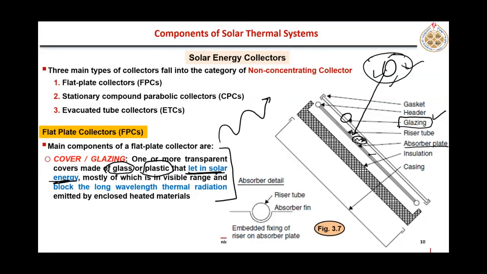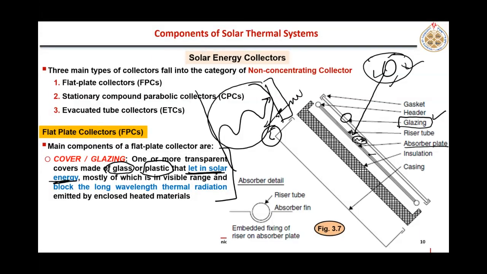So the glass has this property to block long wavelength radiation, but it will allow the short wavelength radiation to pass through, the majority of it, the transmittance which we calculated. So that's how a greenhouse effect is created in this portion. So that is the major advantage of using a glass cover, right?